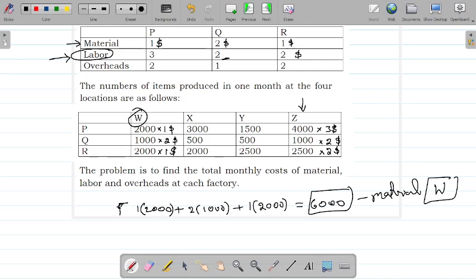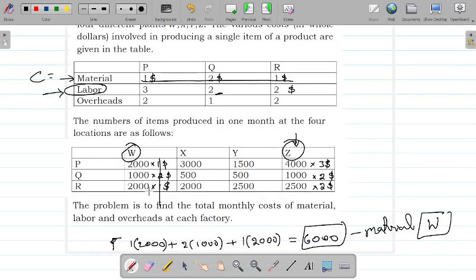See, this row multiplied with this column is going to give me the amount of money we are spending on the material in factory W. Similarly, the second row multiplied with this column Y gives me the cost of the labor which we are spending in plant Y. Similarly, the third row multiplied with X gives me the cost of overheads that I am spending on plant X. You can see how matrix multiplication is useful here.